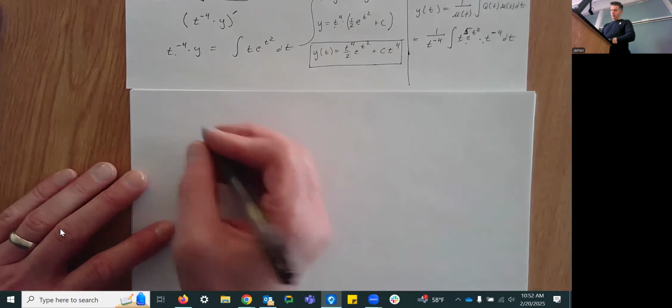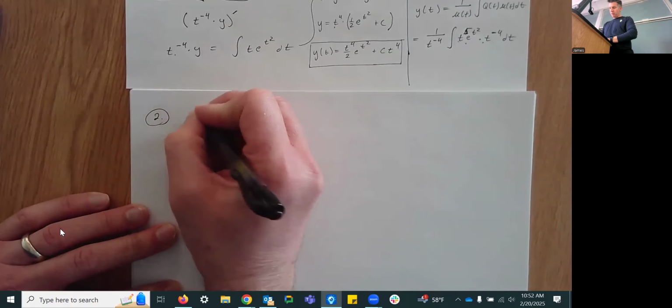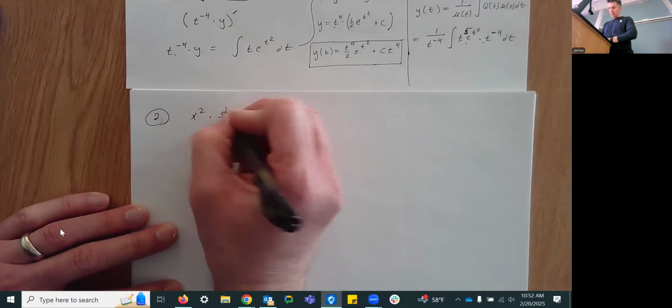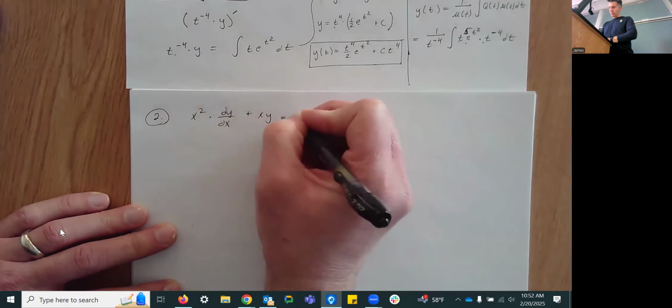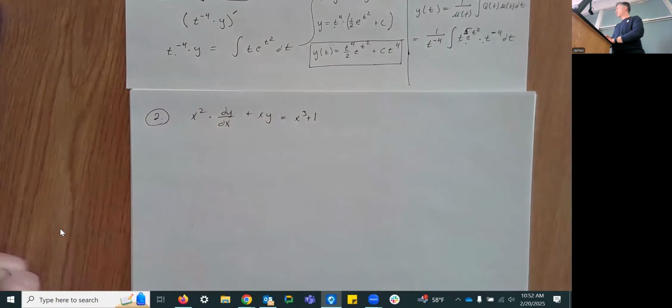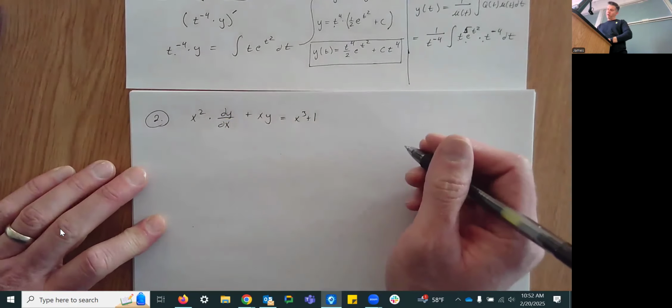So let's say we have the following differential equation. We have x squared times dy dx plus xy equal to x cubed plus 1. And again, it's almost already written in the usual way. And I'm going to throw in this condition here, which hopefully I won't regret.